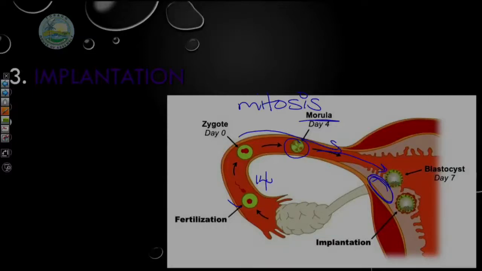We call that implantation, where the mass of cells or the zygote, or if you want to be even more accurate, the morula, embeds itself into the uterus lining.